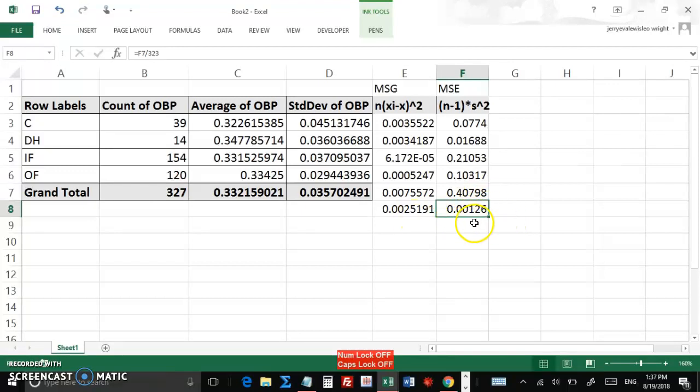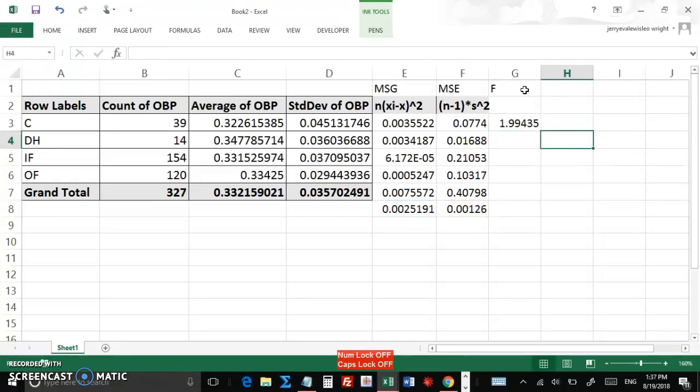So you take that ratio, and that's F right here. So let's just do equal sign, the mean square of the groups divided by the mean square of the errors, 1.99.